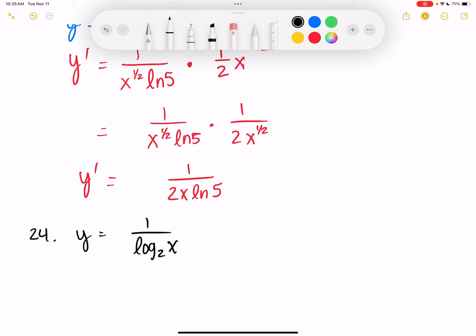So much like with any of these, when it's a 1 on top, I can either rewrite this as the bottom to the power of -1 and then do a chain rule that way, or I can leave this as it is and just do a quotient rule on it. Which, do you have a preference? Move it into the top. Okay. So this would be log base 2 of x all raised to the -1.